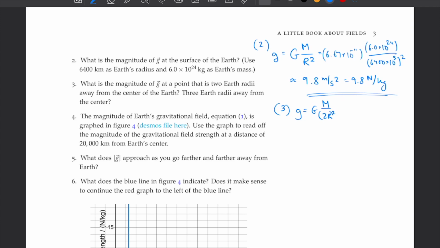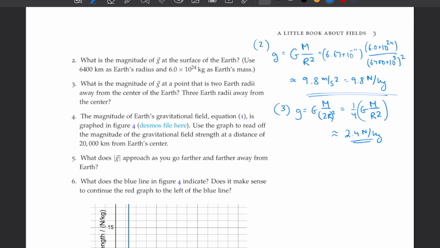But I don't need to plug everything in again, because I know that that's going to really be 1/4 of GM over r squared, and GM over r squared was what I just calculated before, but now it's 1/4 of that. So let me work out 1/4 of what I just have on my calculator. That's 2.4. Okay, so that's 2 Earth radii away.